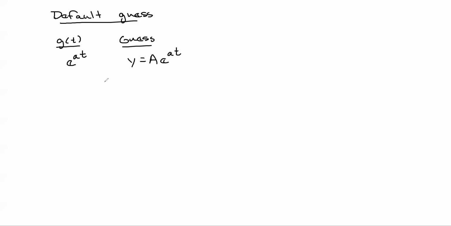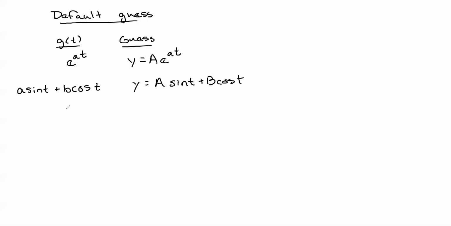Right? If you've got a combination of A sine t plus B cosine t, and note, if A is 0, you could just have cosines, or if B is 0, you could just have sines, or you could have both if A and B are non-zero, right? So you could have both. Then your guess should be capital A sine t plus capital B cosine t.